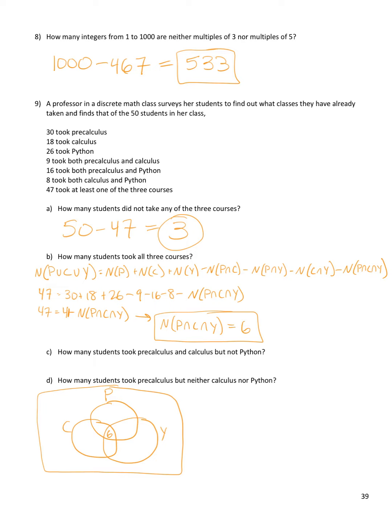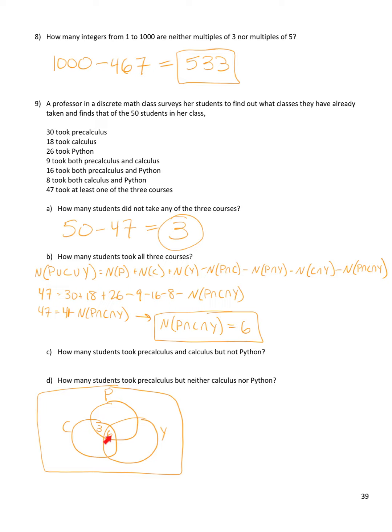Now, this intersection, pre-calculus and calculus, is supposed to have 9 students in it. I've already put 6 of them in there. So there are 3 more who go in this region here. And then pre-calculus and Python, this intersection, is supposed to have 16 students in it.